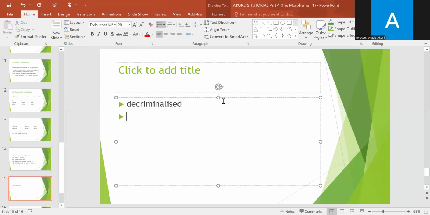Let me identify the first morpheme, which is D. So it's there. Then when I remove D, I can get criminalized.